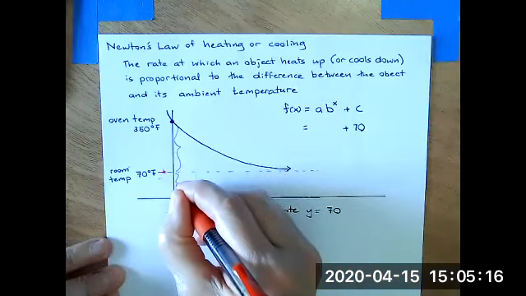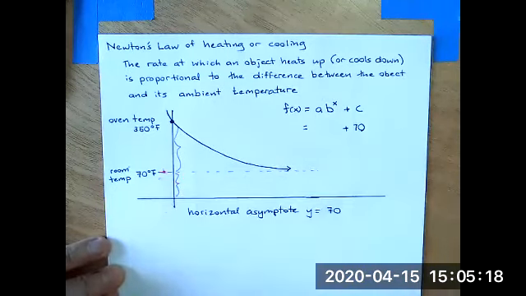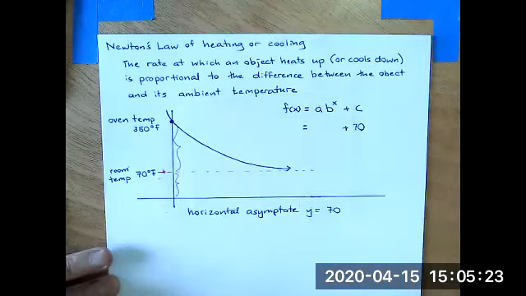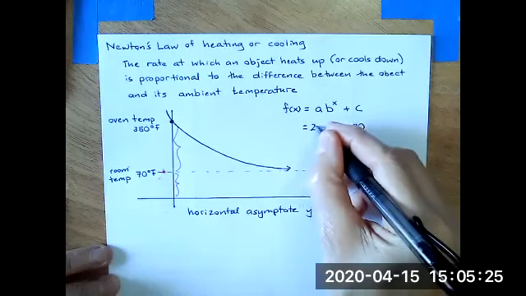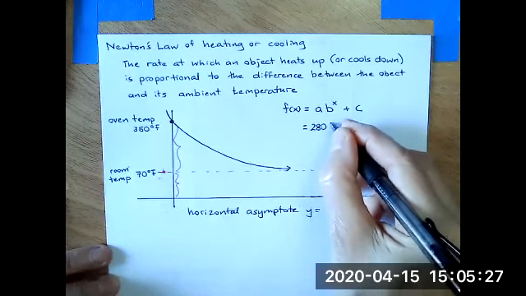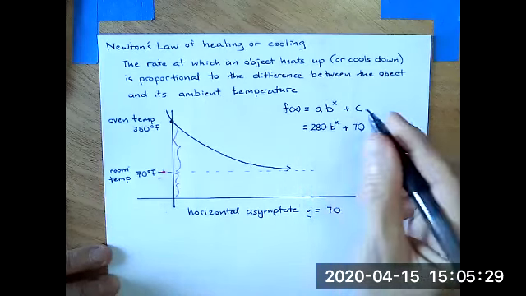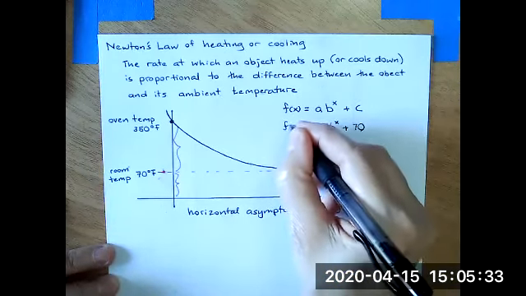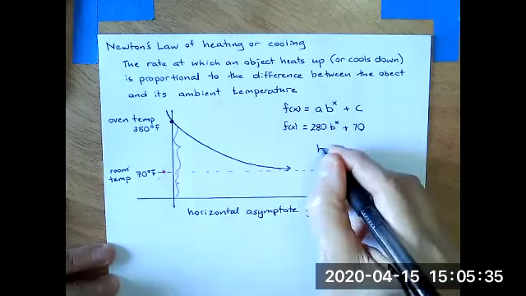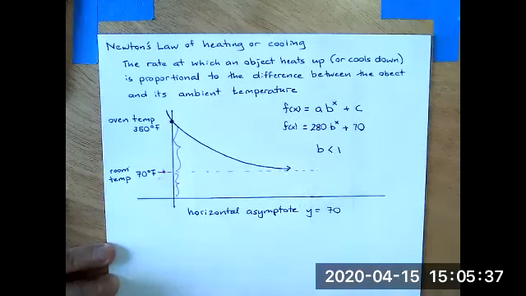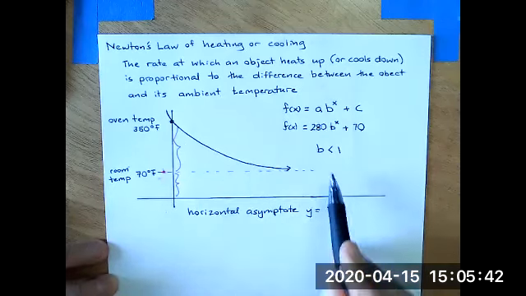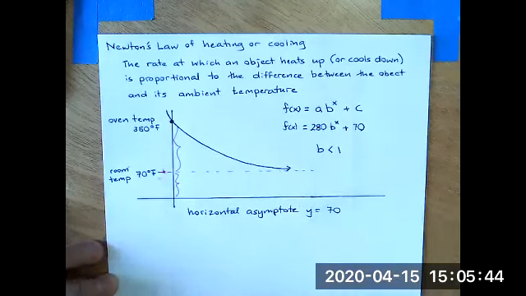So 70 plus 350 is the initial value. So that means A is 280. This is a decreasing function, so I know that B is going to be less than 1. I would need one more data point to find B. We'll do that in part 3.